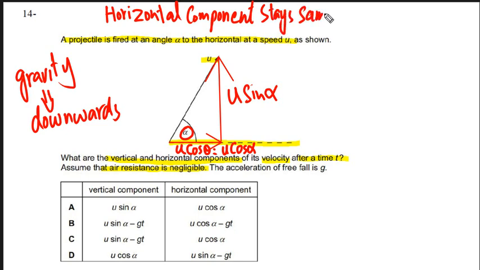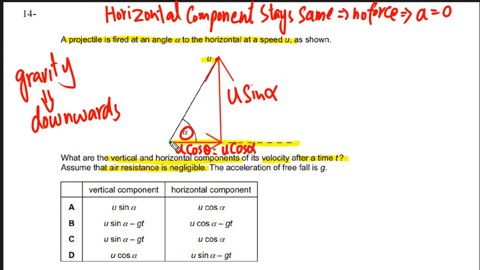Why? Because no force is acting along the horizontal. If there is no force, it means that a is equal to 0. There is no resultant force, so the velocity component stays the same. So this is one thing we have found.